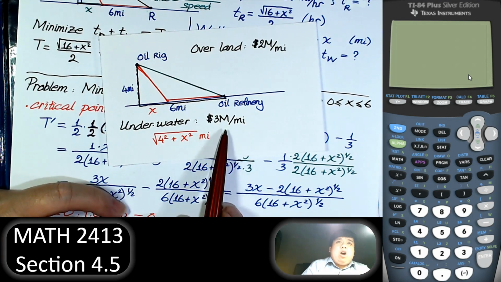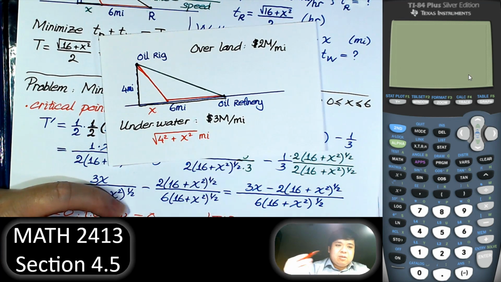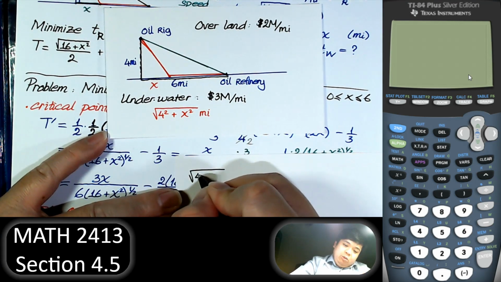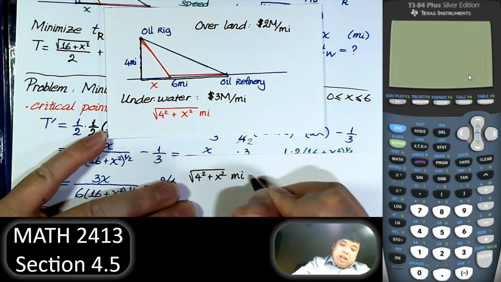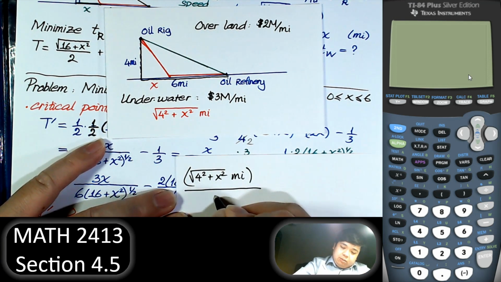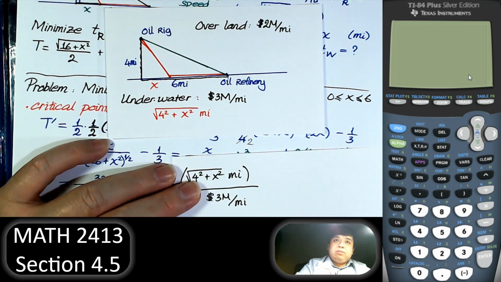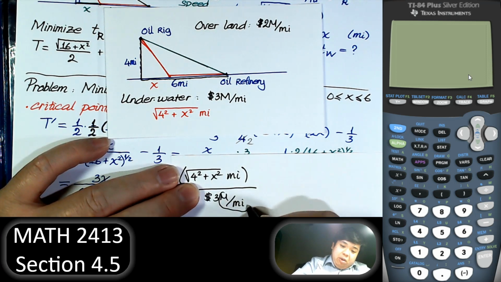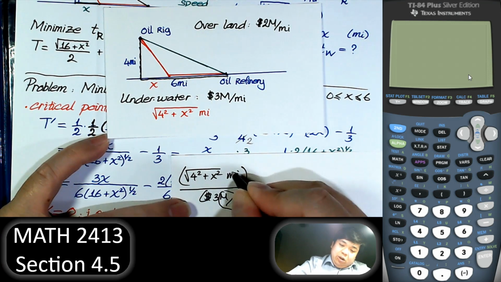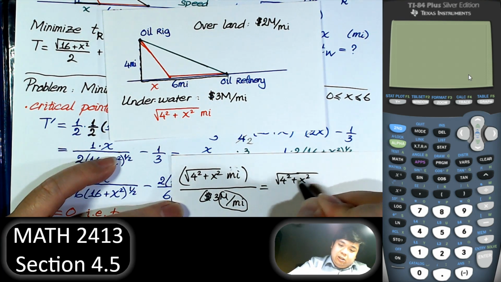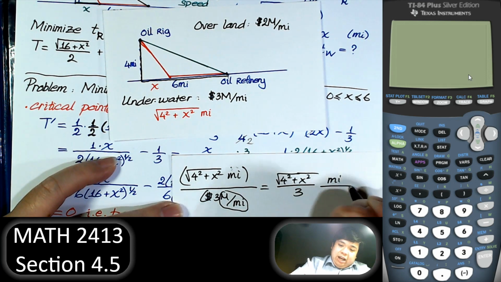So do we divide by $3 million a mile, or do we multiply by it? So let's consider the unit. If we have the square root of 4 squared plus x squared miles, and we divide by $3 million a mile, or $1 million a mile, if we're talking about the unit, we have miles on the top, and at the bottom we have $1 million a mile.